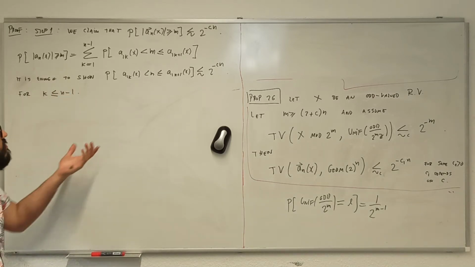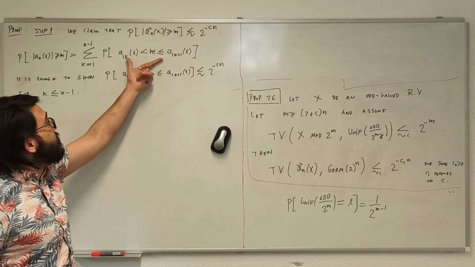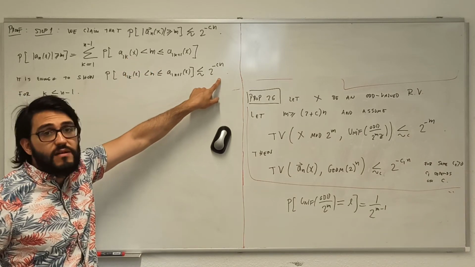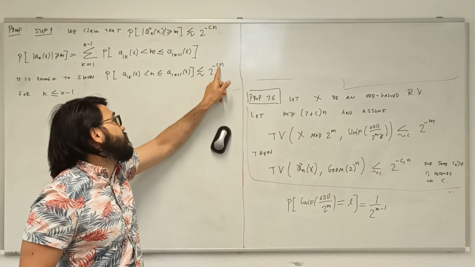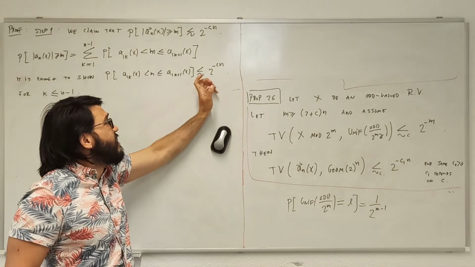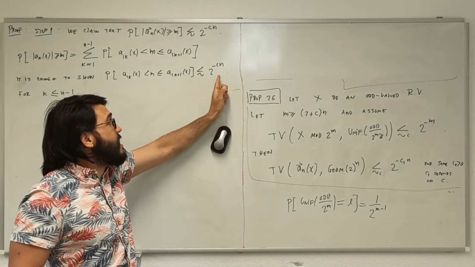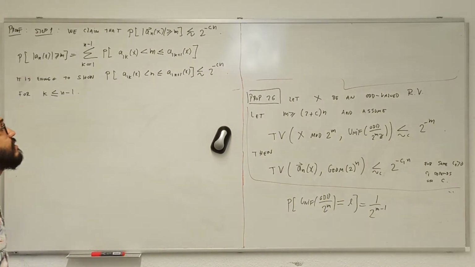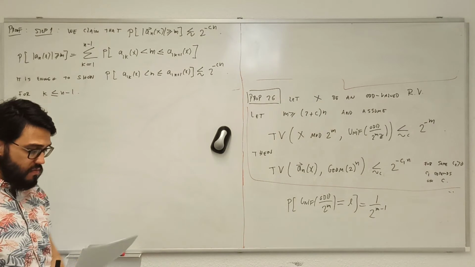Because if that is true, then I can summate all of this, and we'll just be multiplying this term by n. Then I can maybe pick a smaller c here and swallow that n into the exponent. Okay, so that will be enough to show.